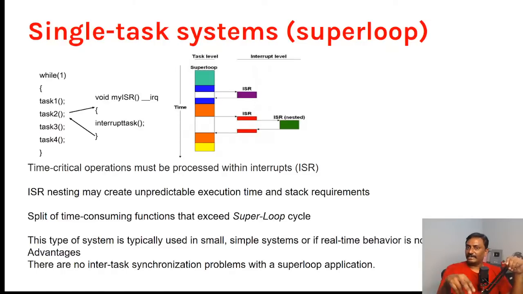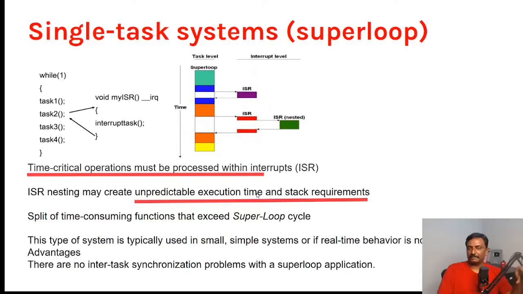If another interrupt occurs, based on priority, it goes to that interrupt service. Those are nested interrupts: it services the interrupts and comes back. In that case, the super loop fails, because it does not have a predictable execution time, so you could not manage these things.